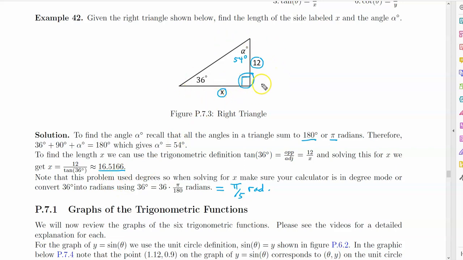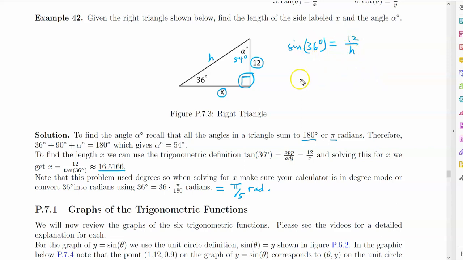Now, we're not asked to find this in our problem, but if we wanted to find the length of the hypotenuse h, we could also use the trigonometric functions. Recall that the sine is opposite over hypotenuse, so we could say that the sine of 36 degrees is 12 over h.